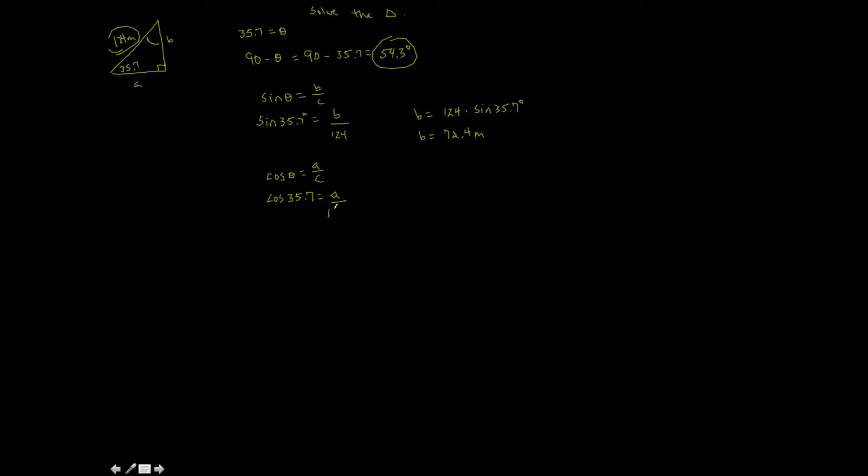And we know C. C was given to us. So very similarly, this will be A equals 124 times the cosine of 35.7 degrees. And this will be our side A. And so this would be 101 meters if you solved it. So we've solved for all the sides of this triangle.